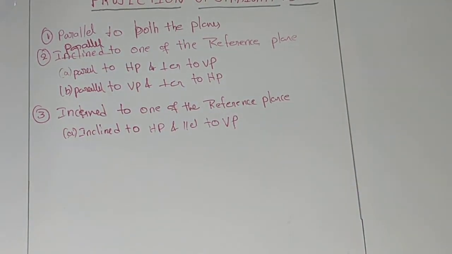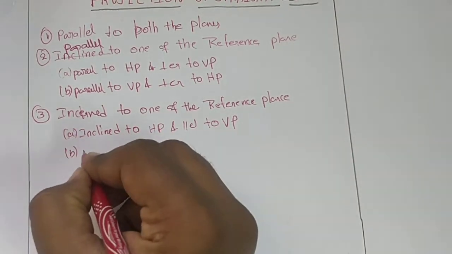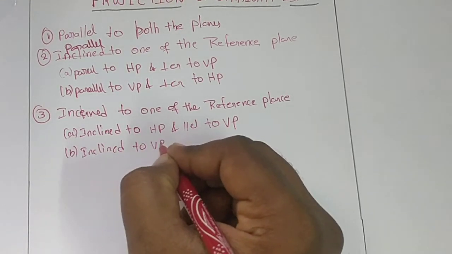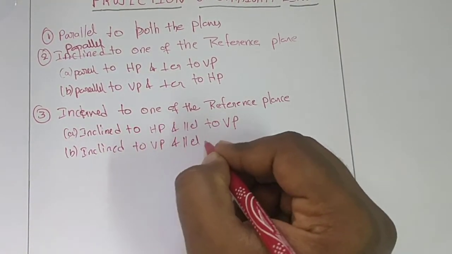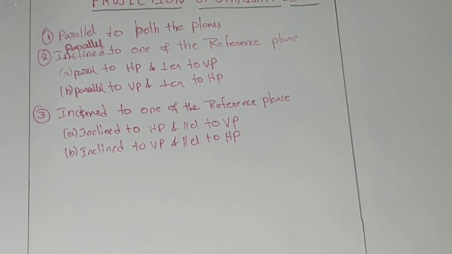Suppose a line is inclined to HP, then it is definitely parallel to the other plane. Next, inclined to VP, so that it is definitely parallel to HP.